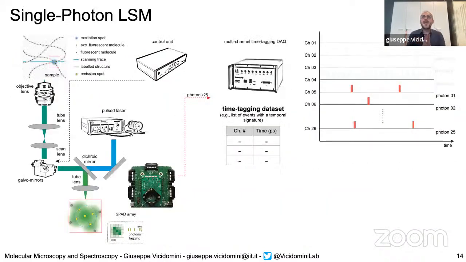So now we have this detector array, which potentially provides us access to single photon information, but we need also to record this information. That's another important step. So the data acquisition system also has to change. Specifically, we need to use what is typically called a time tagging data acquisition system.